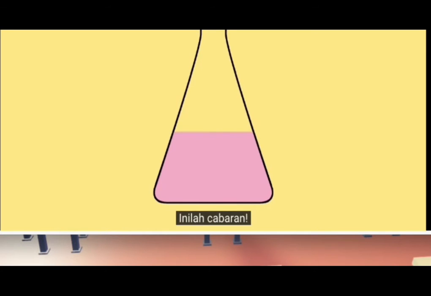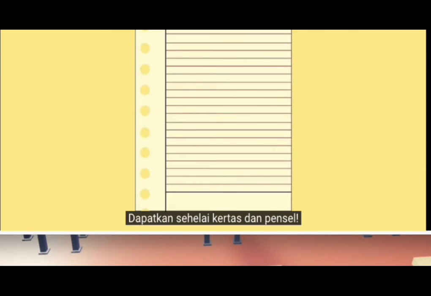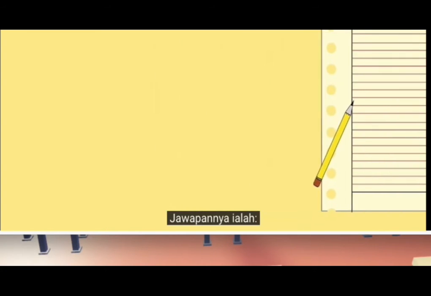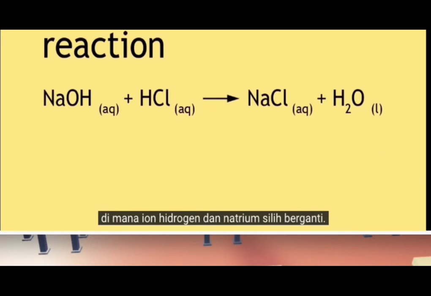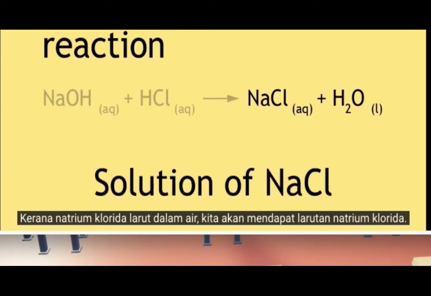Here is a challenge. Can you write the equation for this reaction just as we did in the first example? Use a piece of paper and a pencil, pause the lesson, and resume when ready. The answer is, this is a double displacement reaction whereby the hydrogen and sodium ions have switched. As sodium chloride is soluble in water, what we get is a solution of sodium chloride.